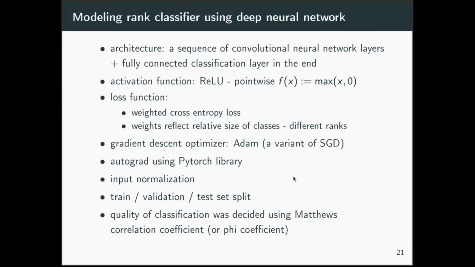We were using a ReLU activation function, and the loss function was weighted cross entropy loss. We used the gradient descent optimizer Adam and autograd in the Python library. What is important, and I'll talk a little bit more about this, is that we measured the quality of classification using the Matthews correlation coefficient, or phi coefficient.